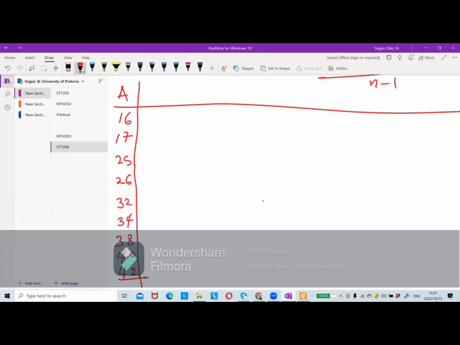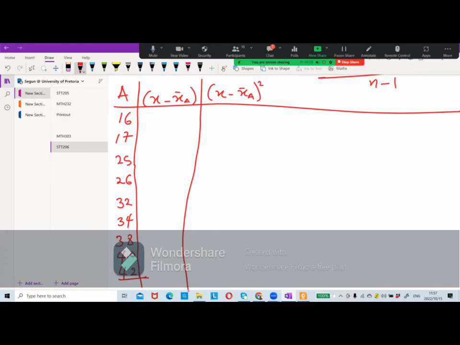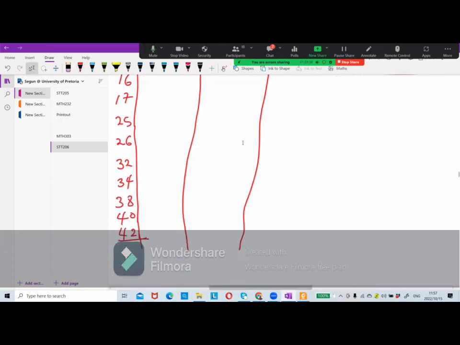Add it together, please, because we need it to calculate X minus X bar A. Then we need to square it. The sum is 270. Then we need X bar A.